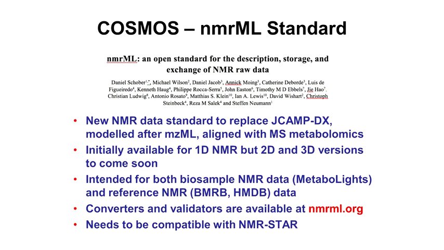It is now becoming part of what the spectra are in the HMDB, so we now have NMR-ML data available. And you can go to the nmrML.org website, and they have all the converters and the validators. There's still some effort to try and make it compatible with NMR-STAR, but we'll have to see.